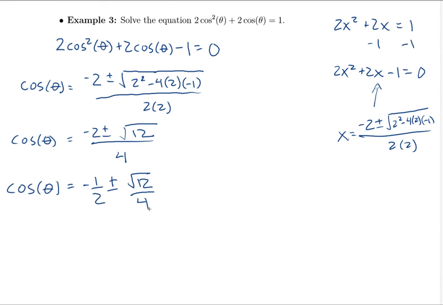Okay, so I think it's worth at this point separating this out. So on the one hand, the cosine of theta can equal -1/2 minus the square root of 12 over 4. Okay, but if you type that in your calculator, what you're going to find is that it is smaller than -1.